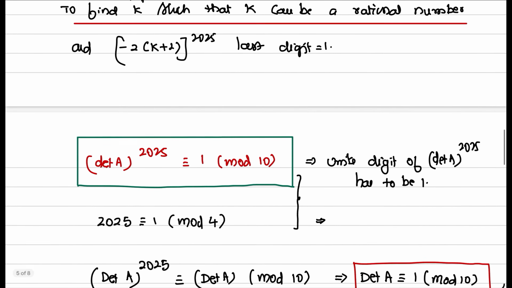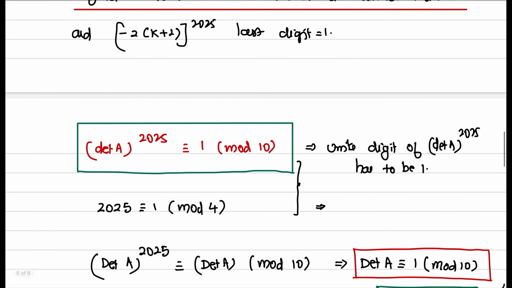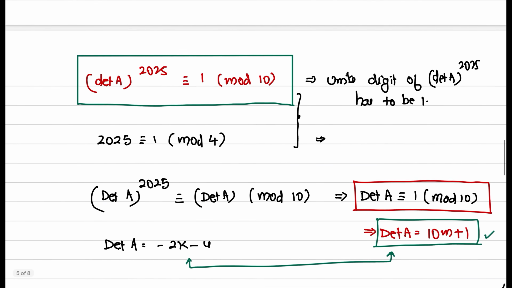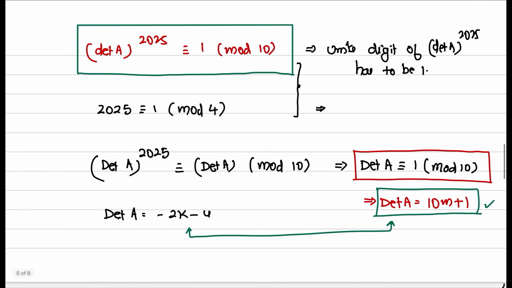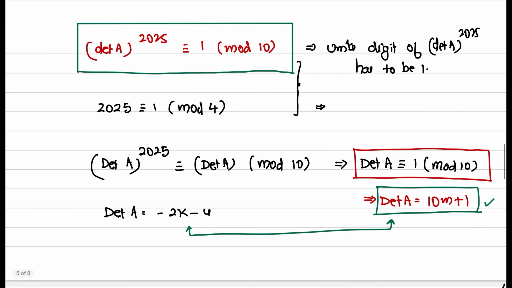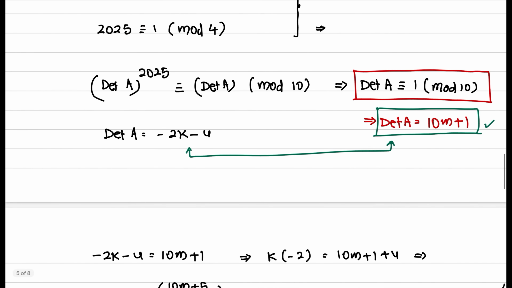Then we went into the process of finding the rational solution, and determinant of A to the power of 2025 is equivalent to 1 mod 10. What we have to find out? In that process, we found it is 1 mod 4.